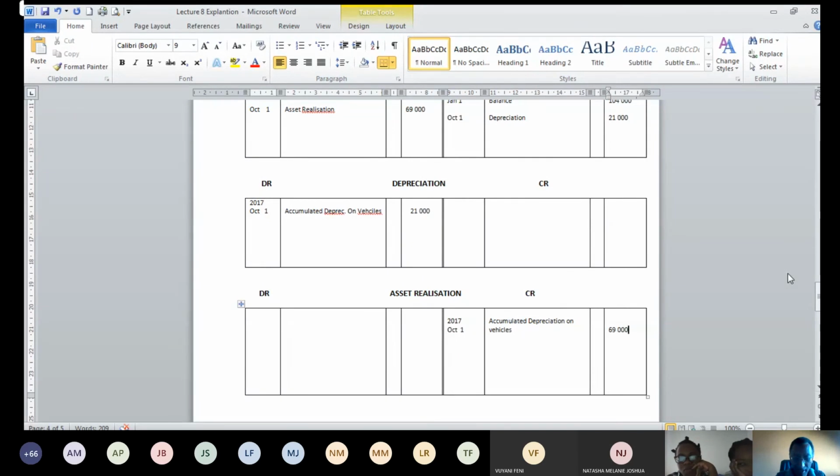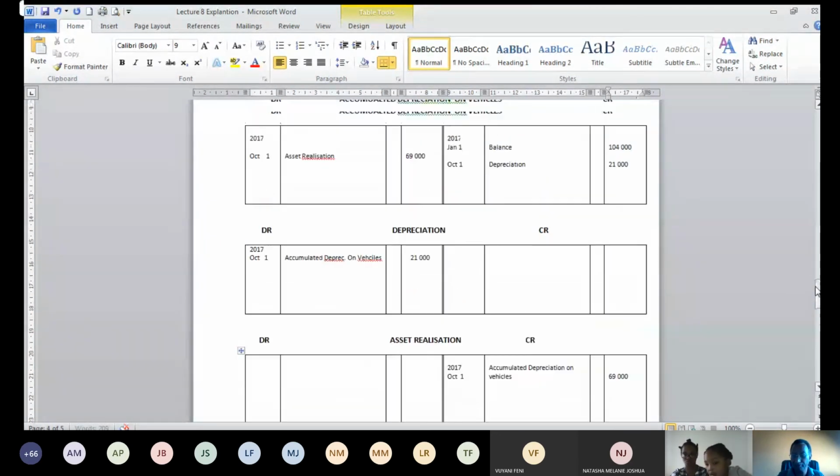We transfer the entries now. We transfer the total accumulated depreciation written off on the asset to date. To date, we have written off: the 48,000 was written off as on the 1st of January. There was a further 21,000. So we are writing off 69,000 rand. That's the total amount of accumulated depreciation written off.